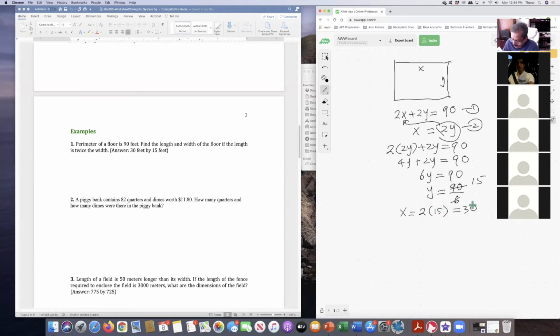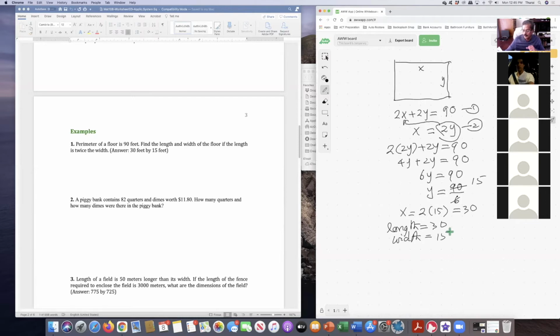So you conclude by saying length equal to 30 and width equal to 15. Now in the WebAssign assignments, it'll have boxes to enter the answer for each one, and it'll say length, and then it'll have a box, and then it'll say width, and it'll have a box. So you don't need to write these out, you're just entering the answers in this case.